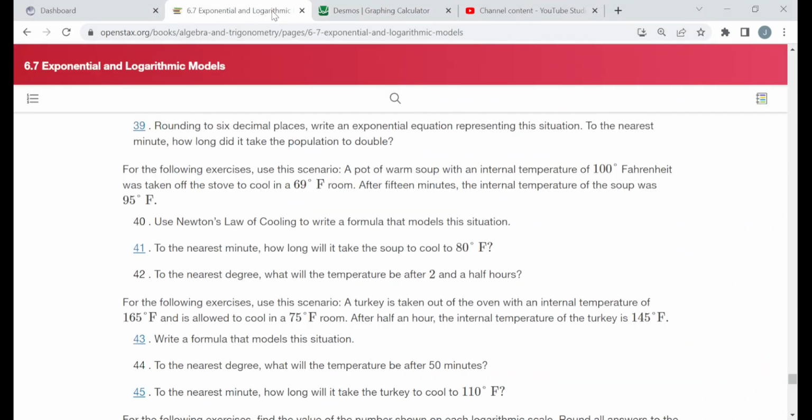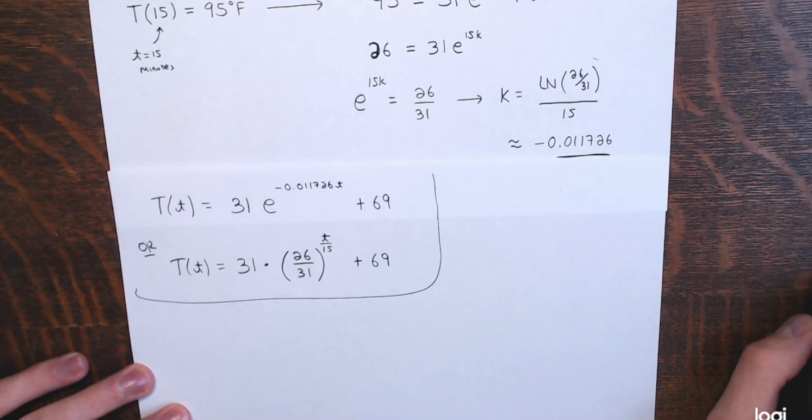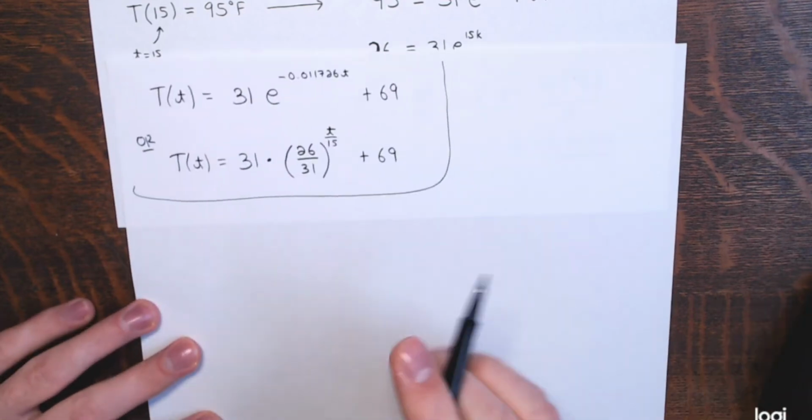So that's the answer to number 40, right? Use Newton's law of cooling to write a formula that models this situation. Then for 41, to the nearest minute, how long will it take the soup to cool to 80 degrees Fahrenheit? So now, when is this happening?